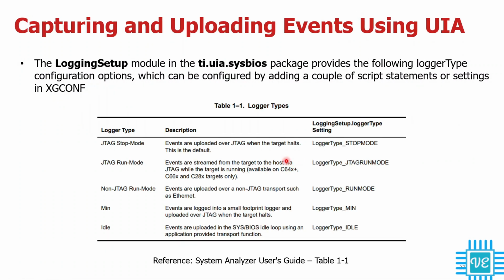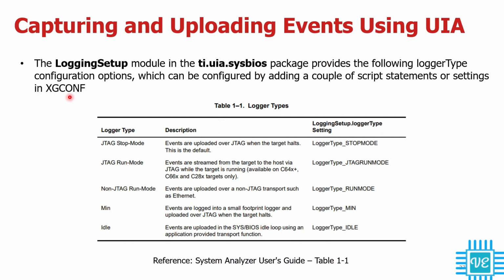So moving on, what kind of options do we have to use these features? There is something called the LoggingSetup module. Everything is a module in TI-RTOS, and one such is LoggingSetup. It is built into SYS/BIOS, under the ti.uia.sysbios package, and provides the following options in the graphical user interface.